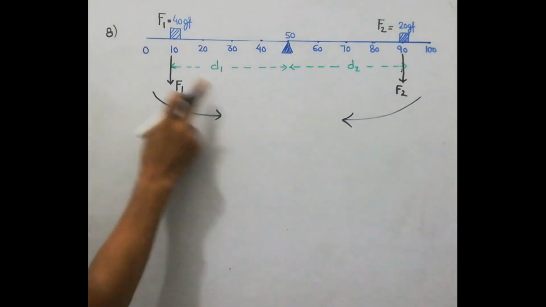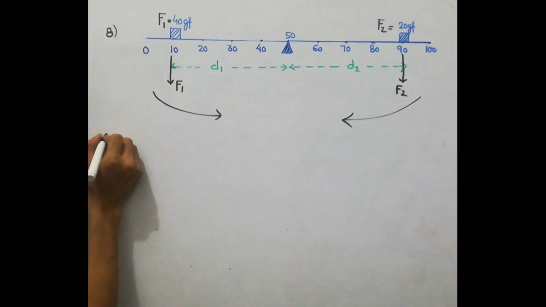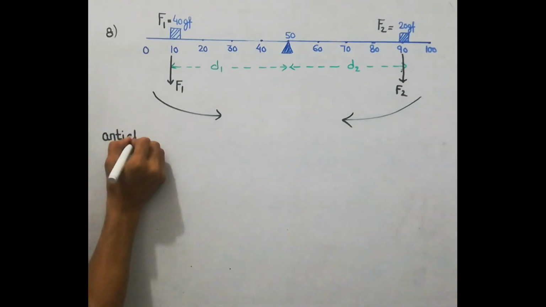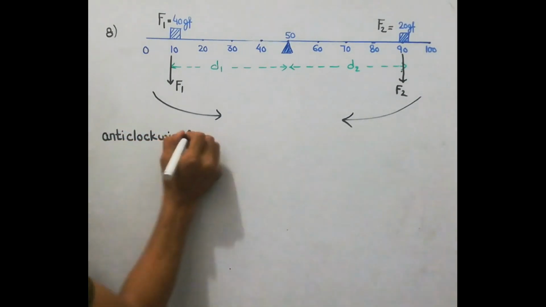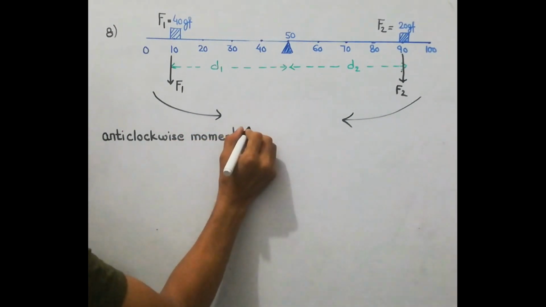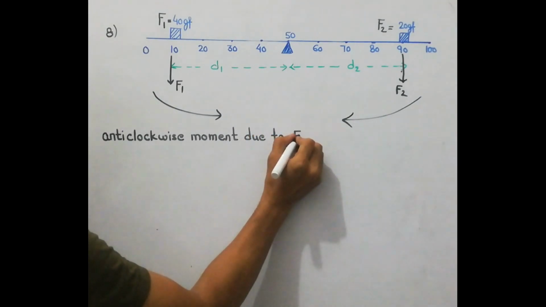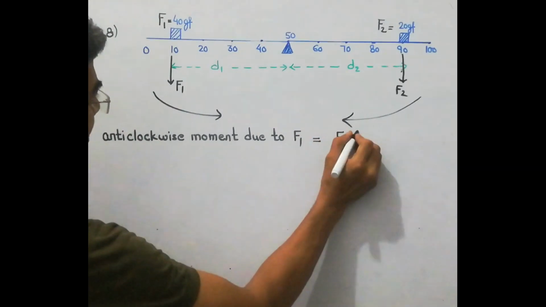Now F1 is producing anti-clockwise movement. So let's calculate the anti-clockwise moment due to F1. That will be F1 times D1.